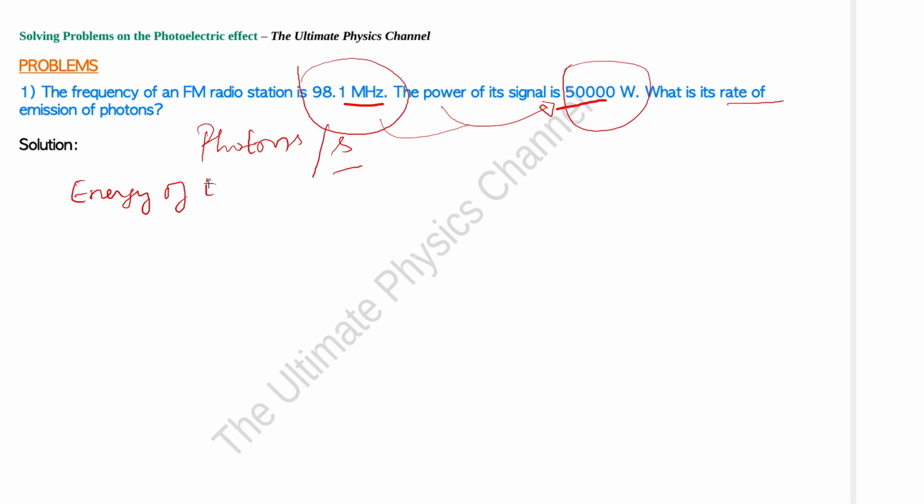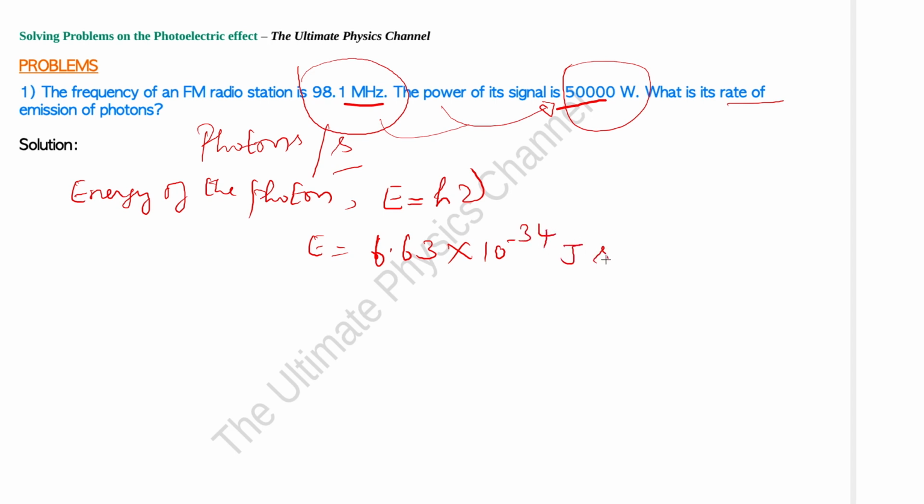Energy of the photon is, in this case, let's say E is equal to h times nu, where h is the Planck's constant, so I'm going to directly substitute 6.63 times 10 power minus 34 joule second is the unit, and multiply by the frequency, which is 98.1 megahertz.